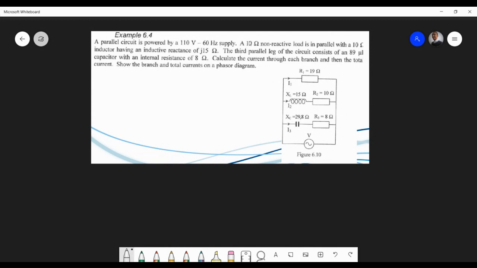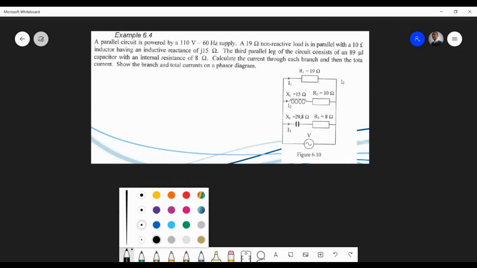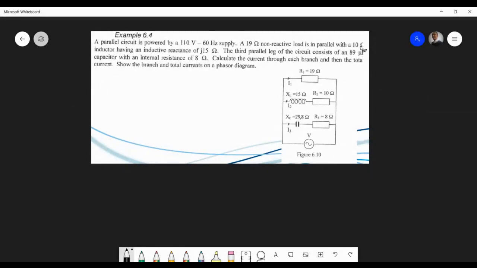You've got a 19 ohm non-reactive load, in parallel with a 10 ohm resistance and an inductor rated j15. Then we have a third leg, which consists of an 18 microfarad capacitor with an internal resistance of 8 ohms.